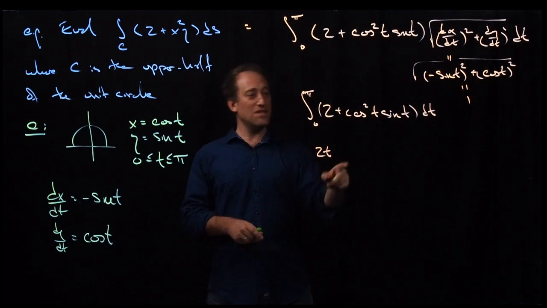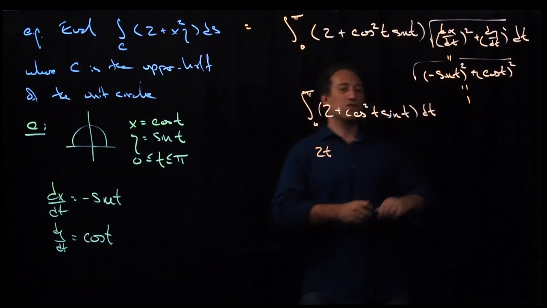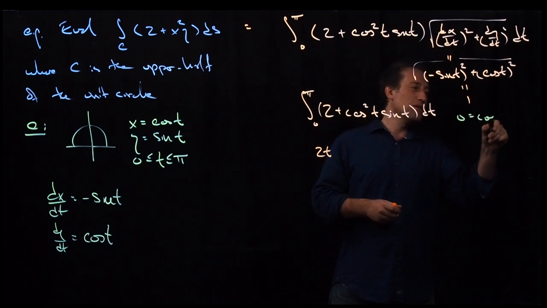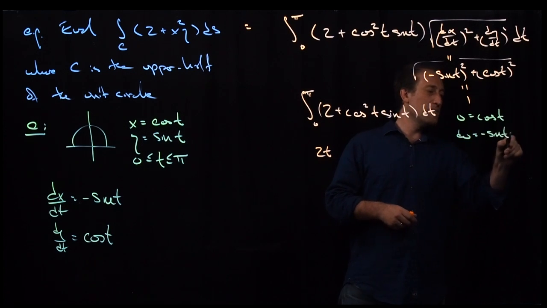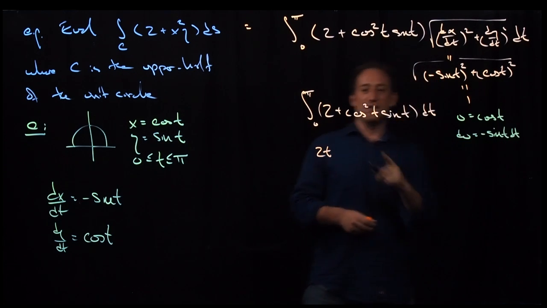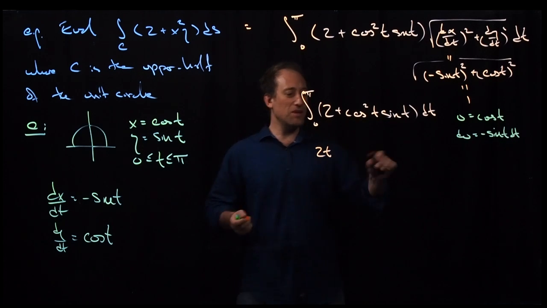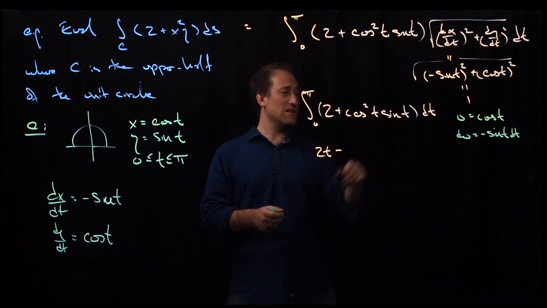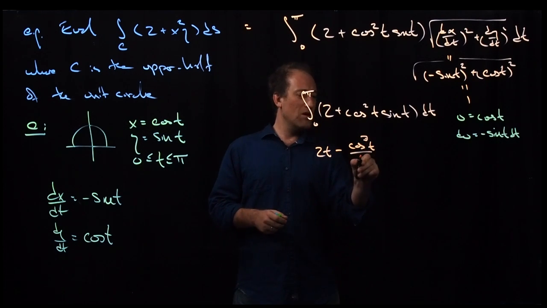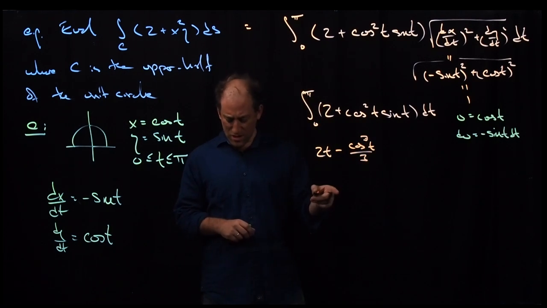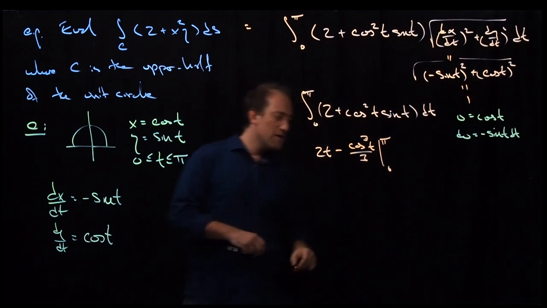Specifically, this will be 2t using a bit of u sub. If I take, say, u to be cos t, that will get me du will be minus sine t dt. This cos squared sine t becomes a minus cos cubed t over 3 on the bounds 0 to pi.